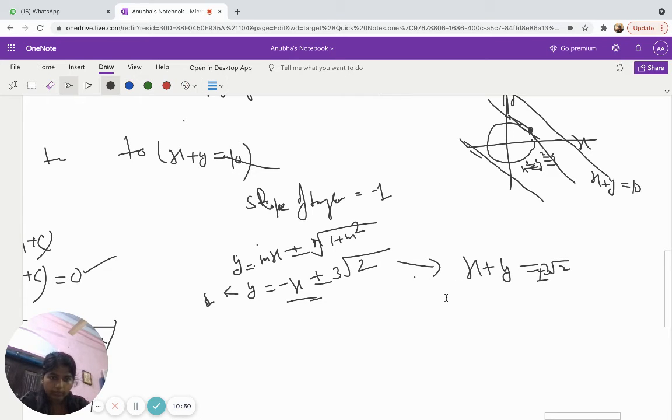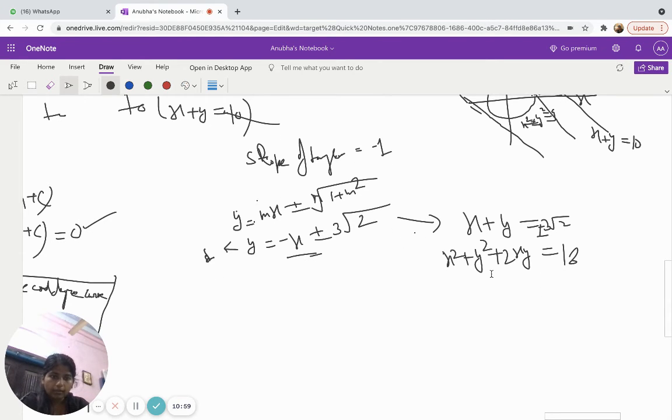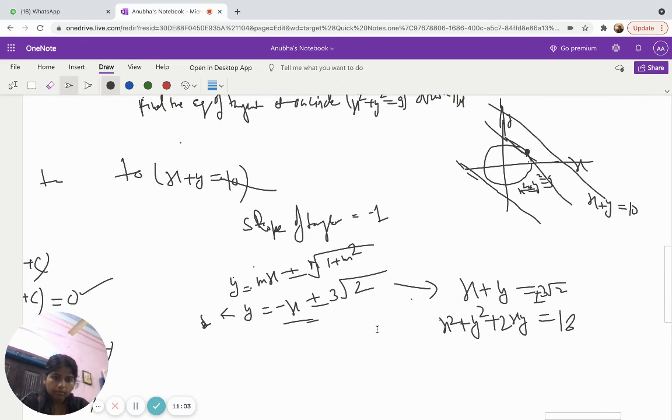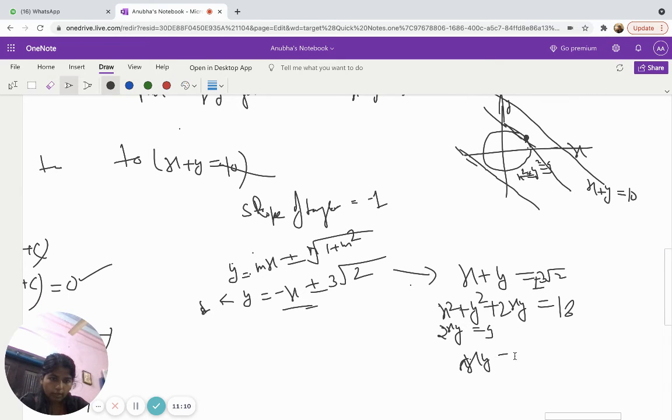Let's square both sides. So we got x square plus y square plus 2xy equal to 18. And as I already know, x square plus y square is 9. So we got 2xy equal to 9, so xy equal to 9 by 2.